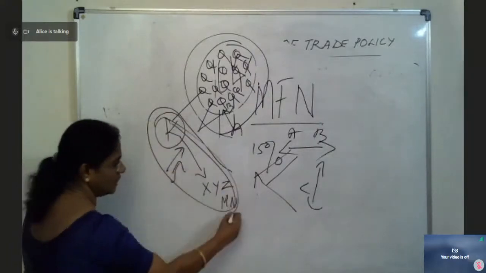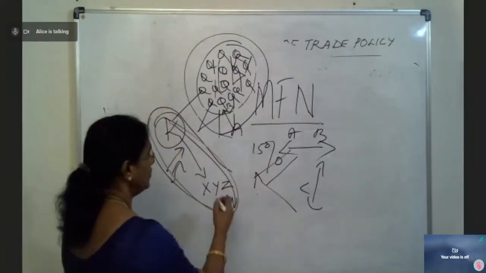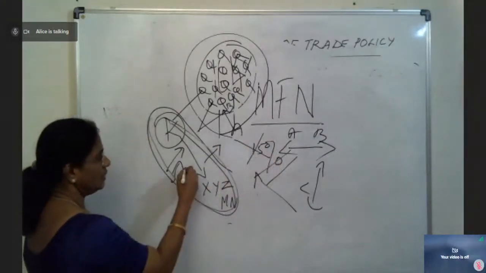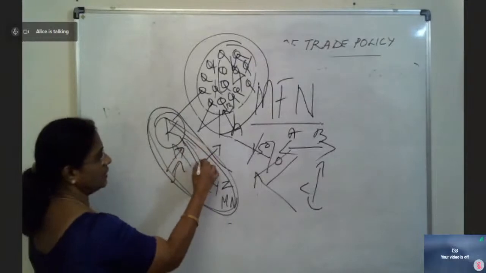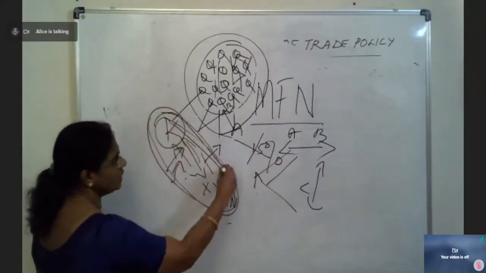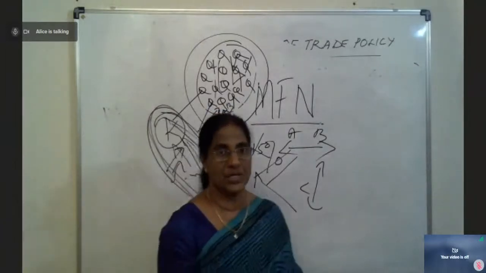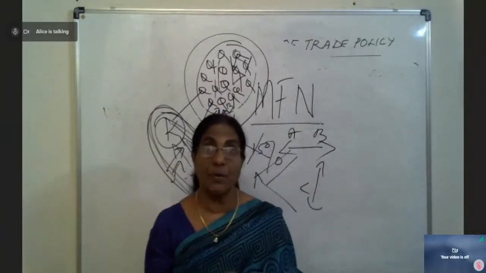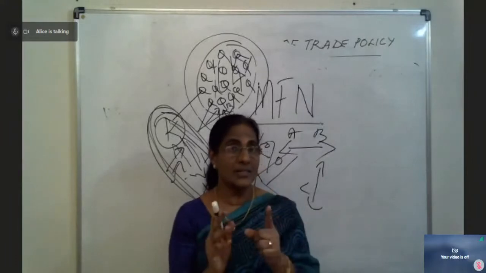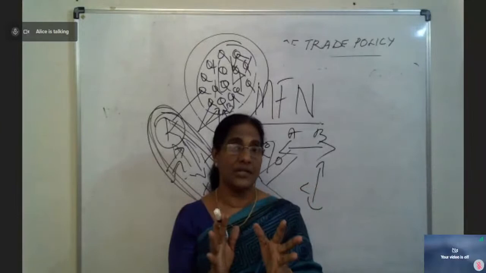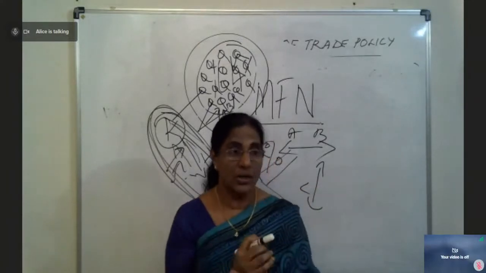We will be coming to free trade agreements in the next unit. Then this MFN will not hold. They have some free trade agreement, so their agreement will stand, not the WTO one. This is an exception. Unless the country is part of a preferential trade agreement or a free trade area, as given in your book. We are going to come to that.